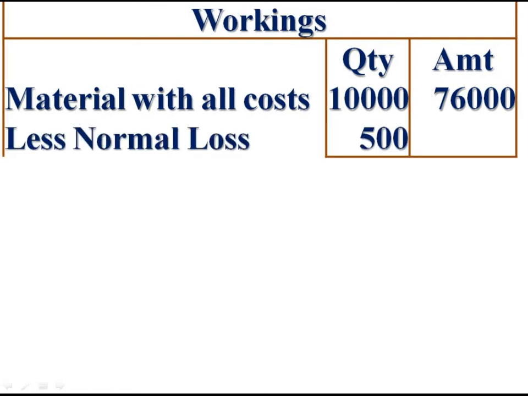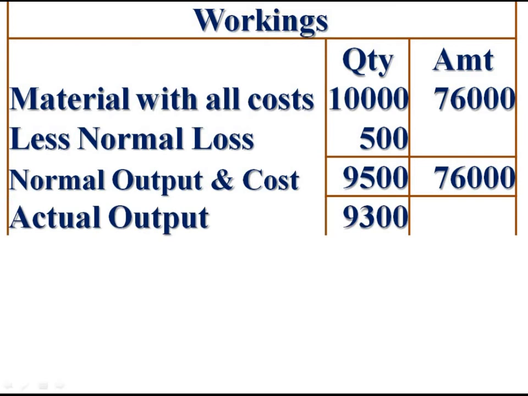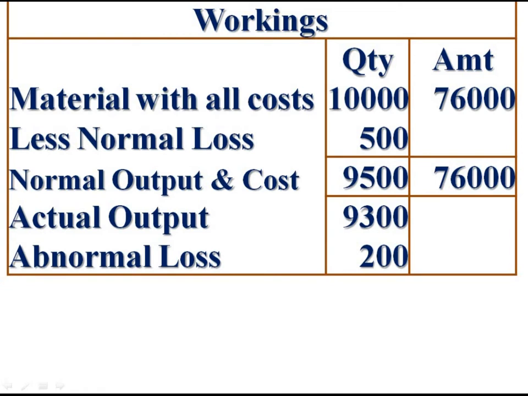Plus normal loss with scrap value. Here there is no scrap value. Less normal loss only in quantity column 500. Now we get normal output 9,500 units. Normal cost 76,000. Actual output being 9,300. The difference 200 units being abnormal loss. Actual output 9,300 and abnormal loss 200.